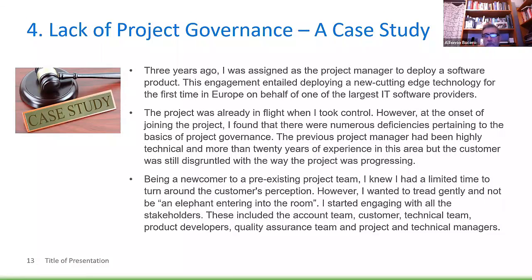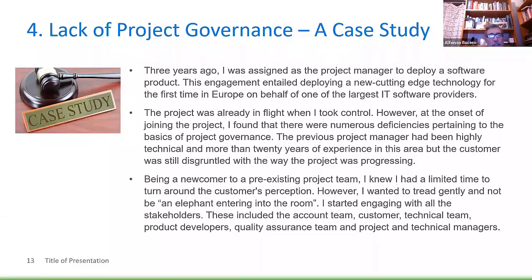I needed to get the project recovering and the customer happy. However, I wanted to tread gently and not act like an elephant entering the room. So I started engaging with all the stakeholders.